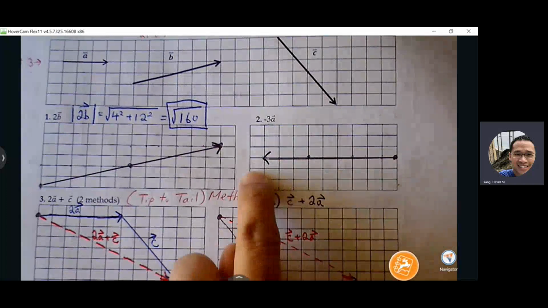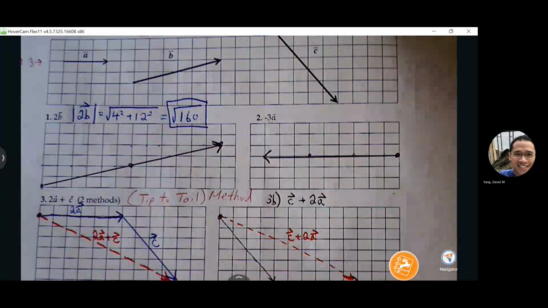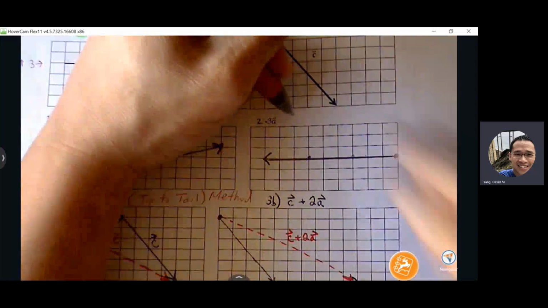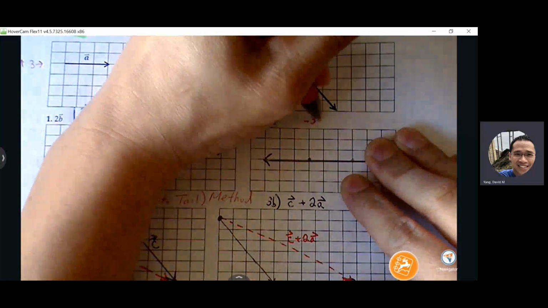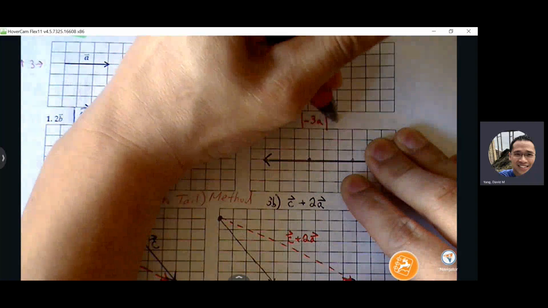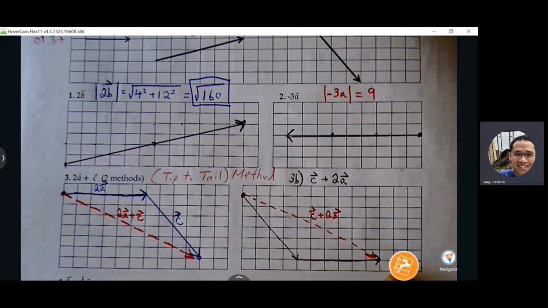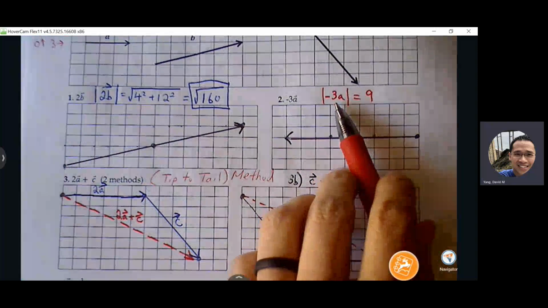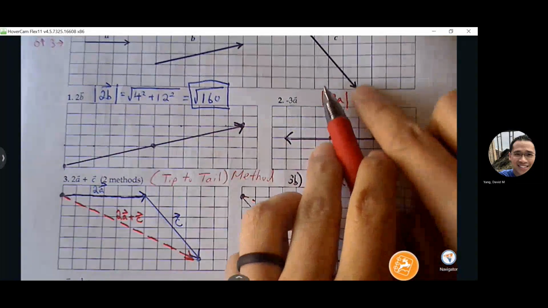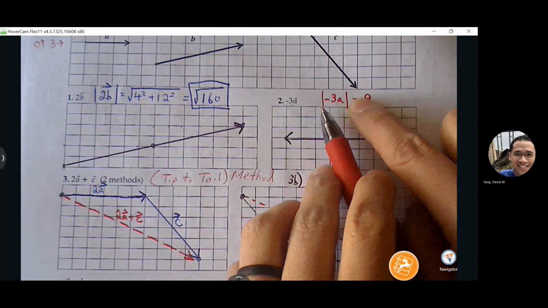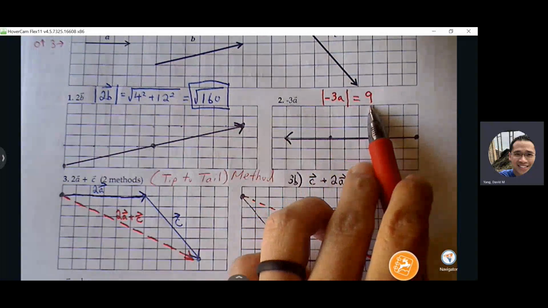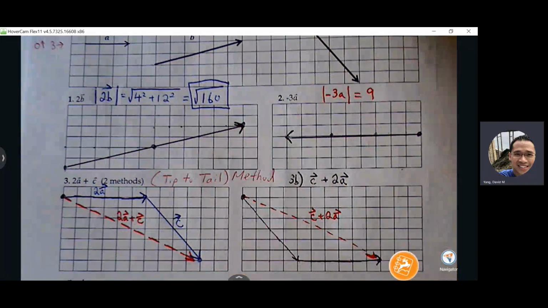So how many units is this from one end to the other? 9. So we can say the magnitude of negative 3a is equal to 9. You can never have a negative magnitude. The magnitude is always positive.